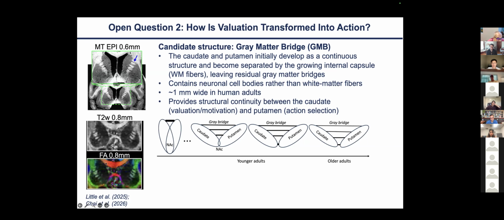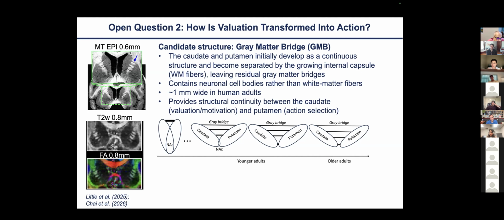Here is the FA map from diffusion. You see there are some white matter fibers interleaved with gray matter bridges. This gray matter bridge contains neural cell bodies rather than white matter. It's gray matter. When people detect some activity in those areas, they may think it's white matter, but it's gray matter.